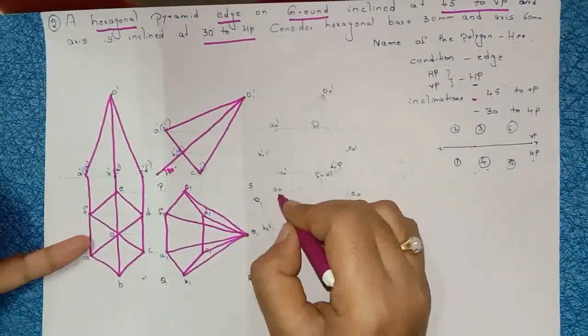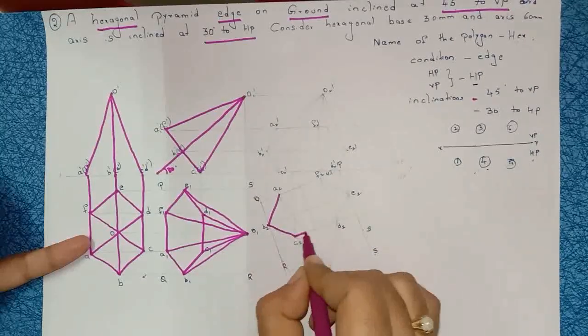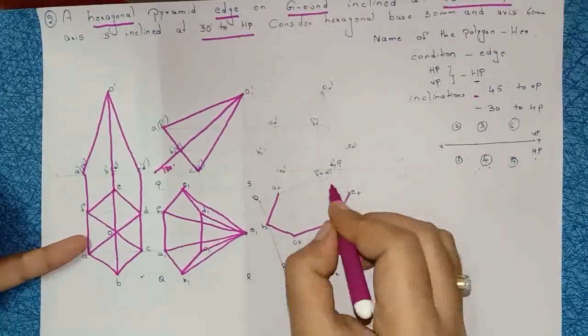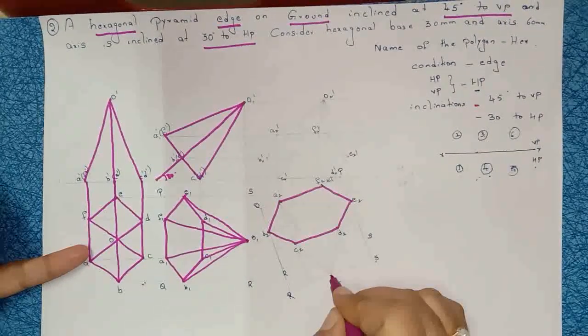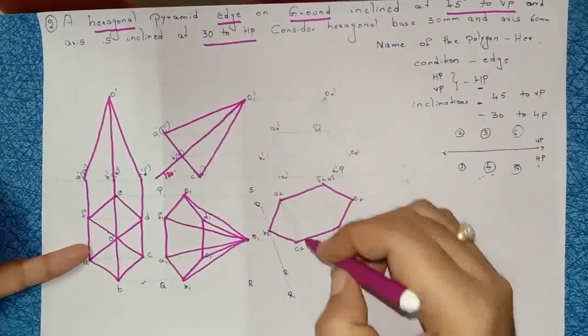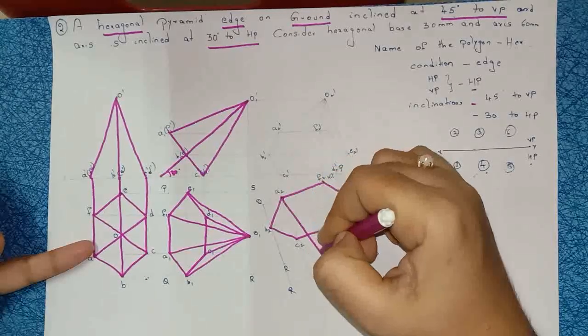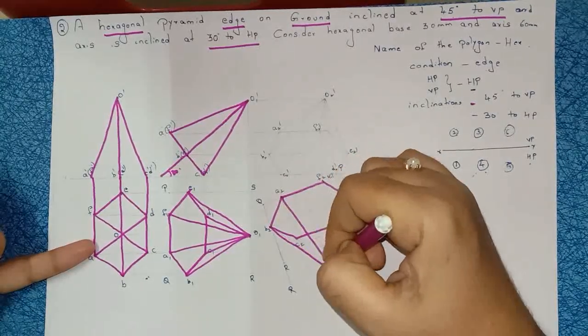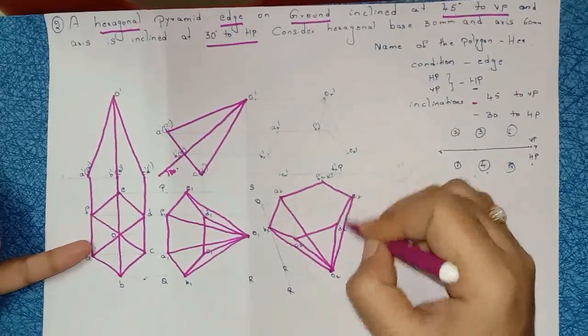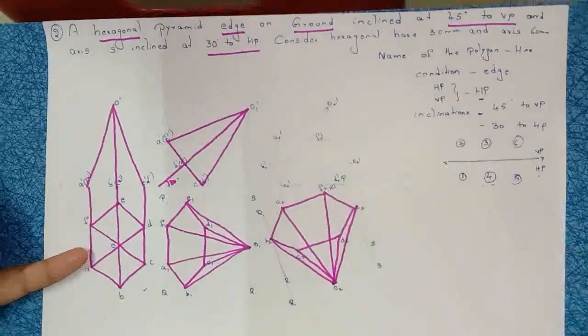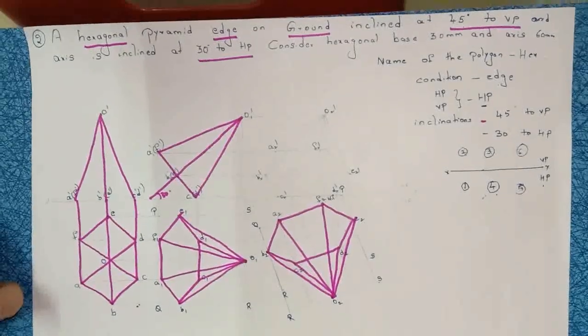If you join all this A, B, C, D, E, F, you will get the hexagon, and you are going to mark this O point also. Join O to A, O to B, O to C, O to D, O to E, and O to F. We'll get the hexagonal pyramid.